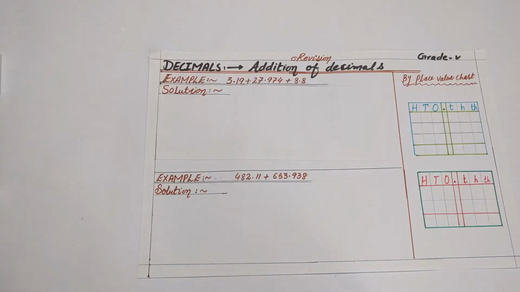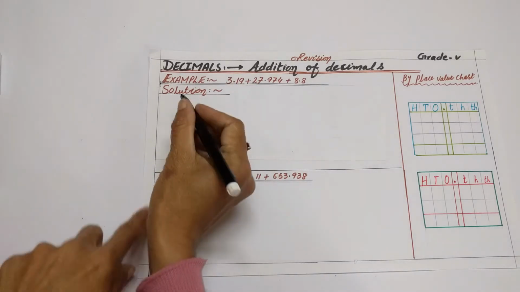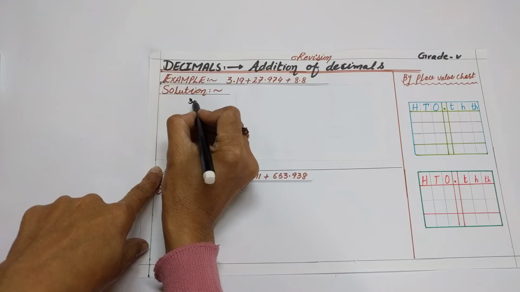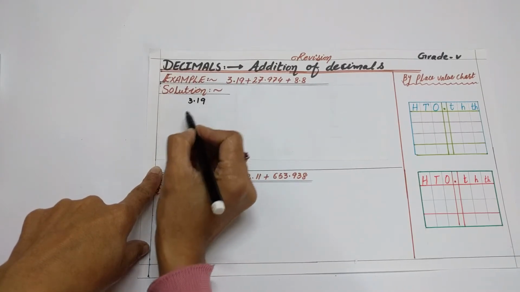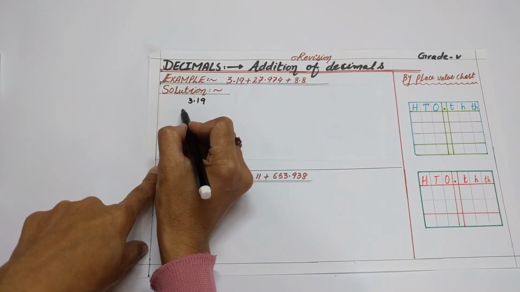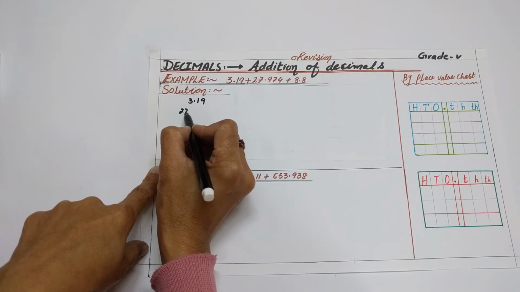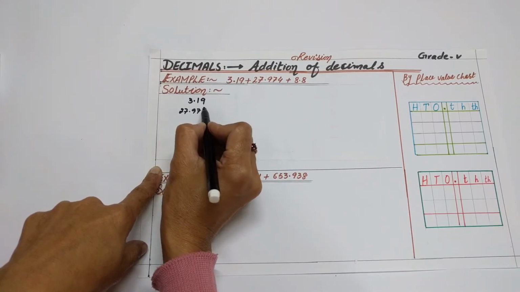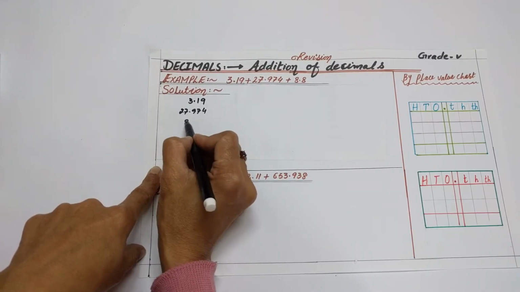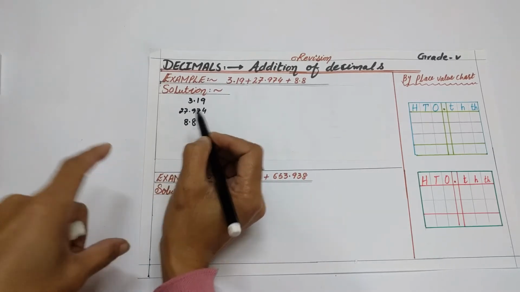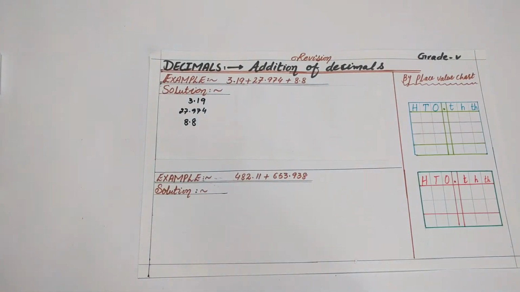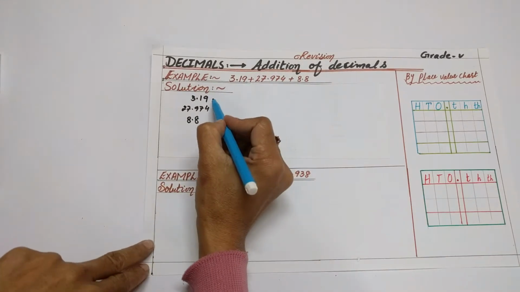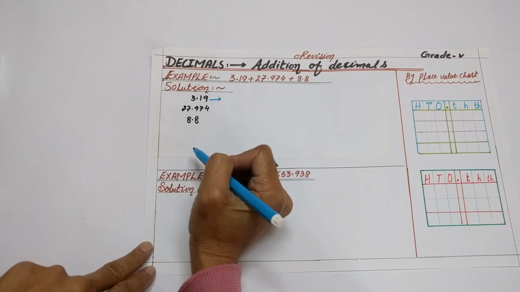Let's start. Our first number is 3.19. Second number is 27.974 and third number is 8.8. So let's check whether these numbers are like or unlike. Our first number is 3.19.